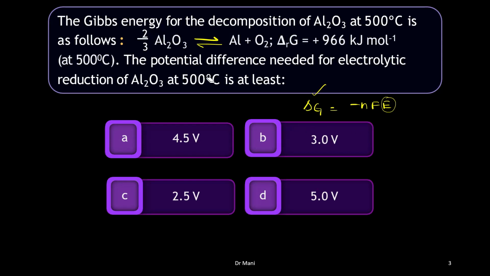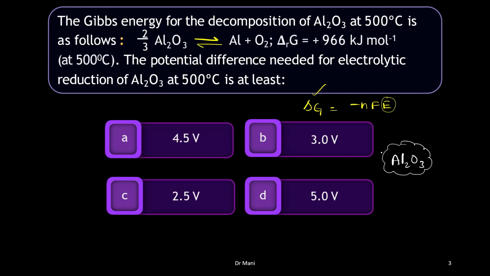So if I see this reaction, whatever the initial reaction that's given here, 2/3 Al2O3 is breaking down into Al plus O2, and the Gibbs energy is 966. From this reaction, if I want to write down the reduction and oxidation, I need to consider two things. In this Al2O3, which one is reducing and which one is oxidizing, I need to understand.